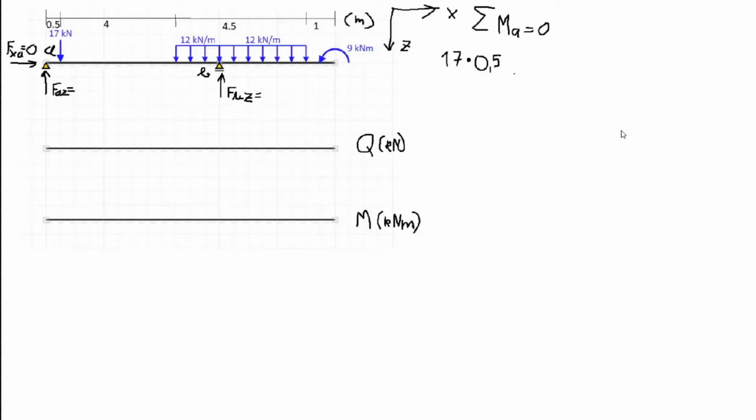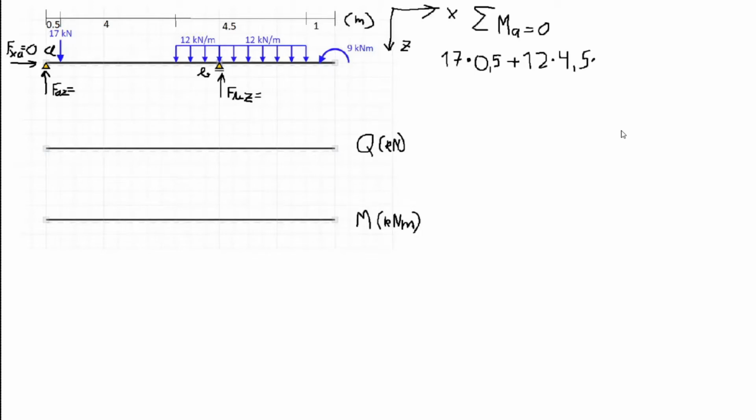For the next member we'll have this distributed load, which is 12 kilonewton per meter. Firstly we need to multiply the distributed load with the distance over which we have this distributed load, and we can see we have 4.5 meters worth of this distributed load.